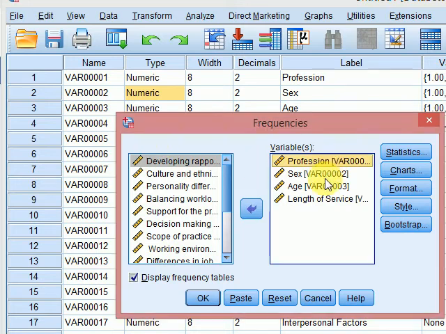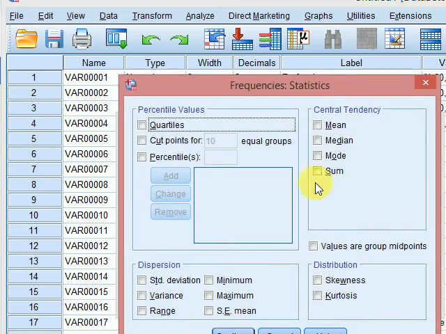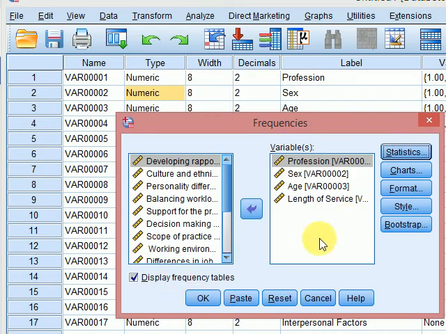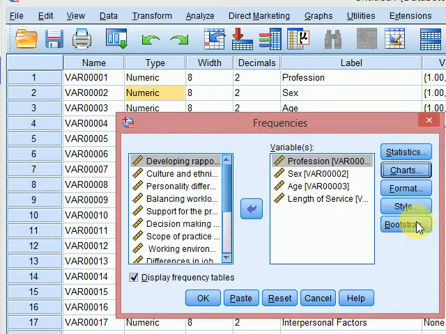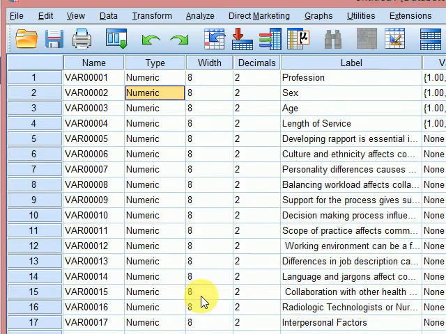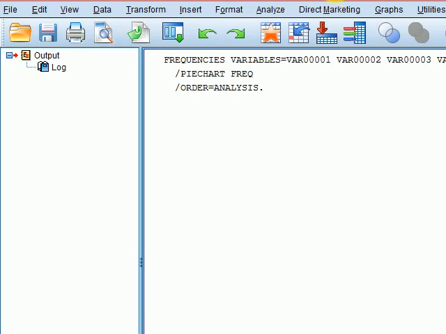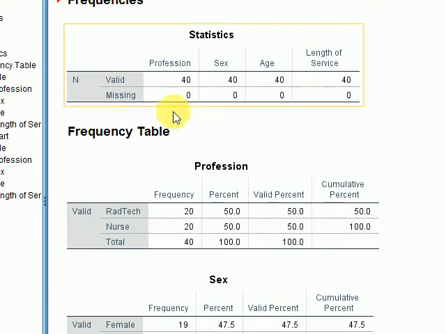So frequencies first of all the demographic profile. So the statistics, I didn't click anything, and I just included the charts. It's okay if you don't wanna put the charts, and then press OK. And so you will have this. Dapat hindi ko na ginawa yung analysis dati.